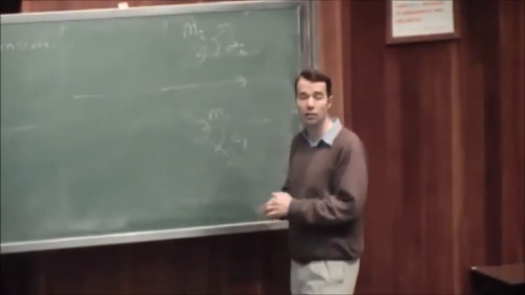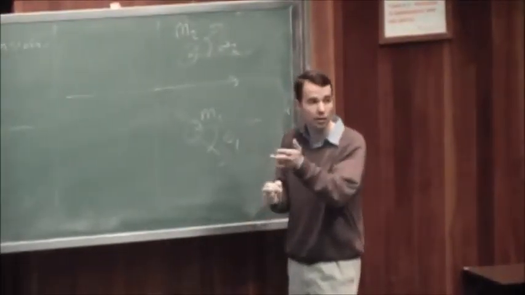We're assuming that these balls are coming in along the x-axis, and then they're striking here. Now what we're saying, once again, is we have some x-y coordinate system, and this angle is relative to the x-axis. This angle is relative to the x-axis.